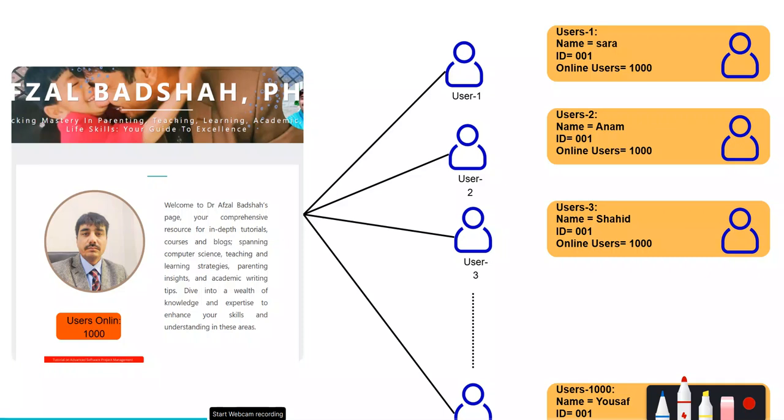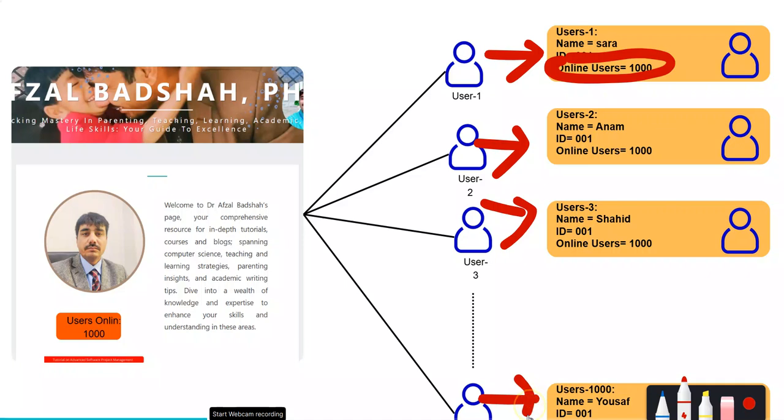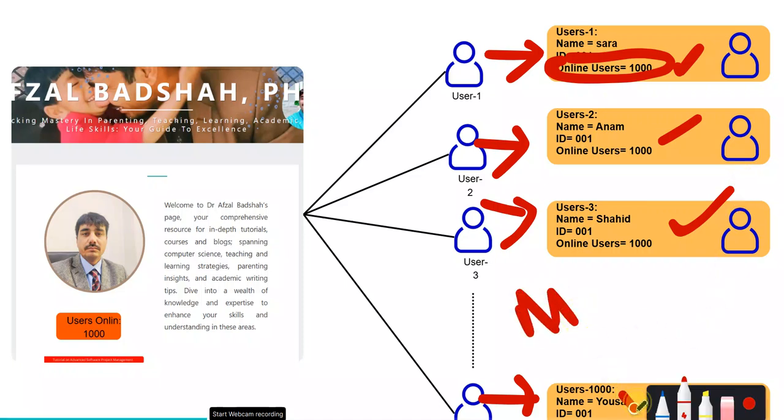So what actually happens in that case is that the online user count is a part of the object, and when every object is created, every object also has the same value. The counter for user 1 is 1000, user 2 is 1000, user 3 is 1000, and if there are millions of users, their value will still be 1000.